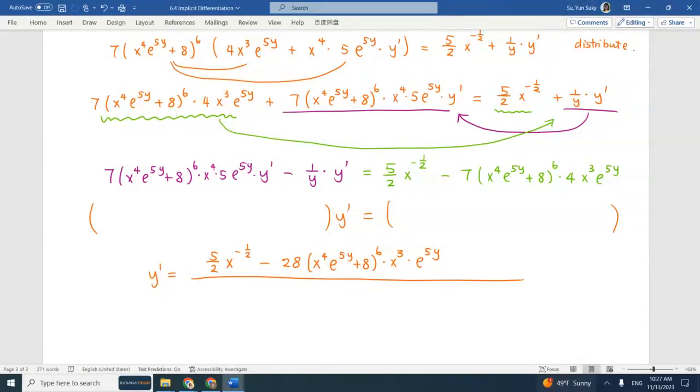Even though the terms are complicated, the process is still the same. We want to factor out y prime. Then how do you solve for y prime? Your right-hand side divided by your left-hand side factor.